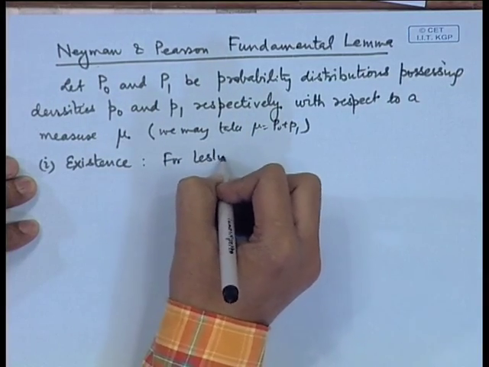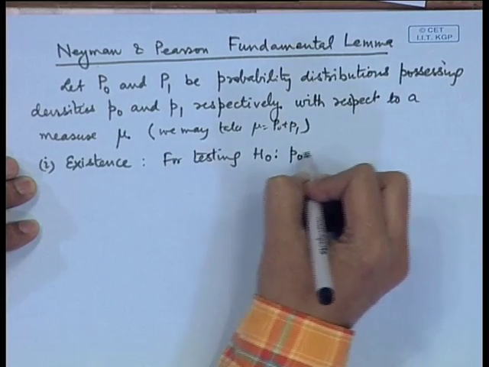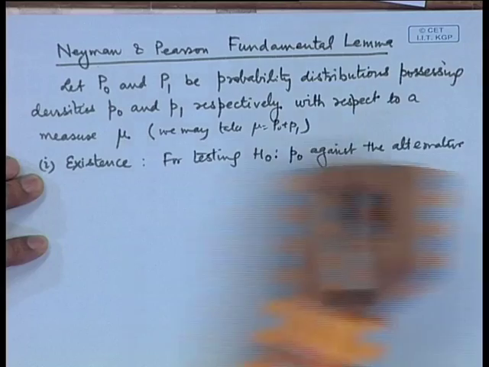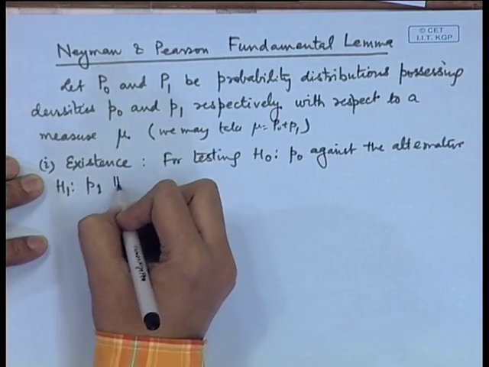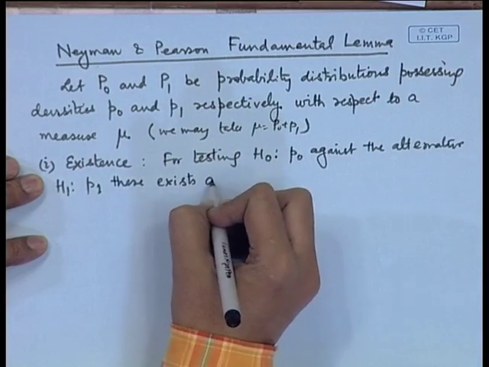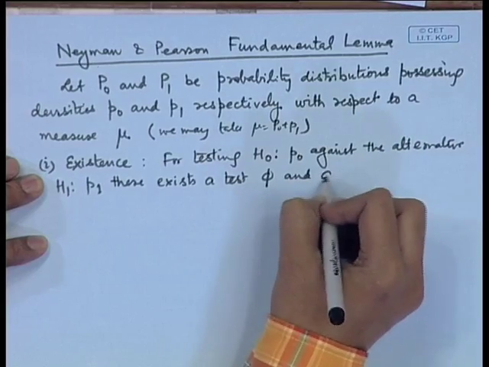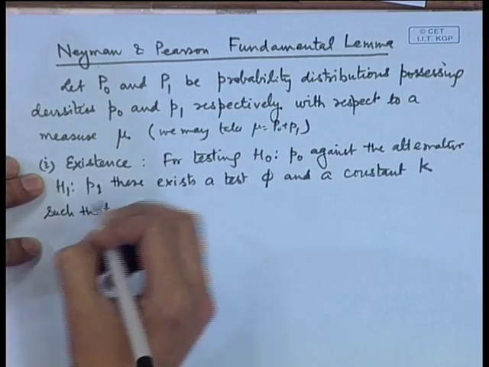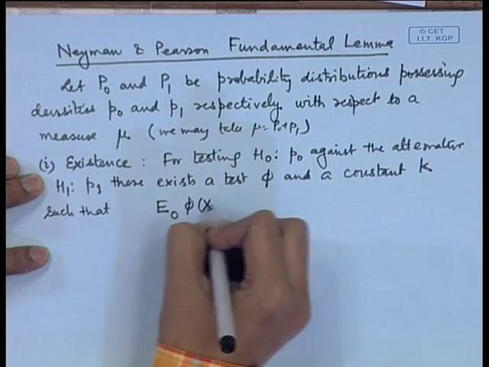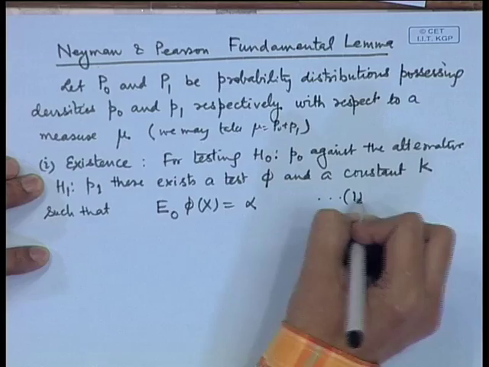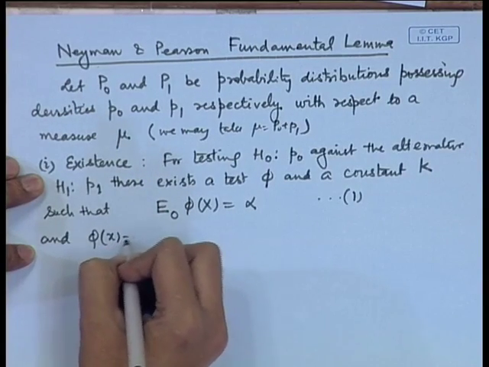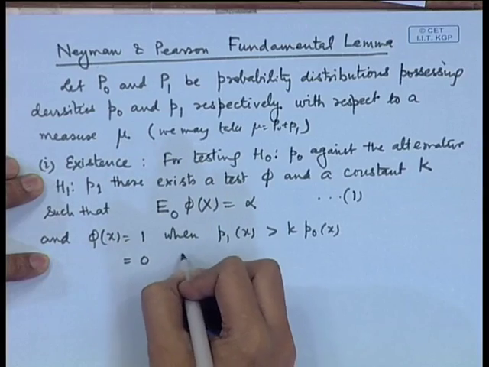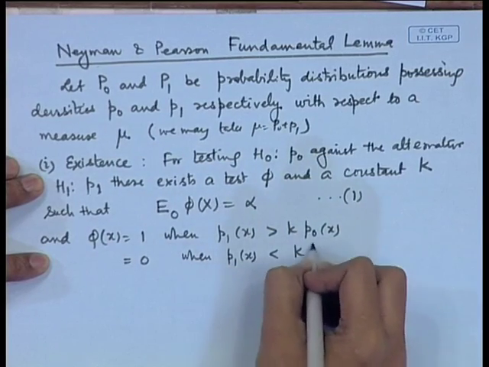For testing H0, that is P0, against the alternative H1, that is P1, there exists a test phi and a constant k such that expectation of phi(X) is equal to alpha and phi(x) is equal to 1 when p1(x) is greater than k p0(x), it is equal to 0 when p1(x) is less than k p0(x).